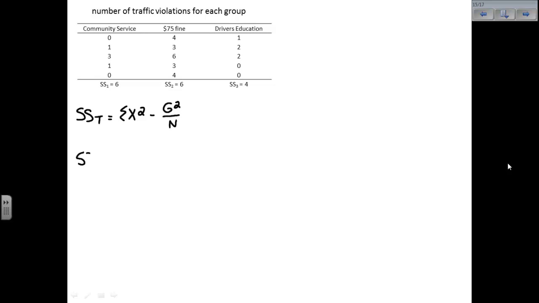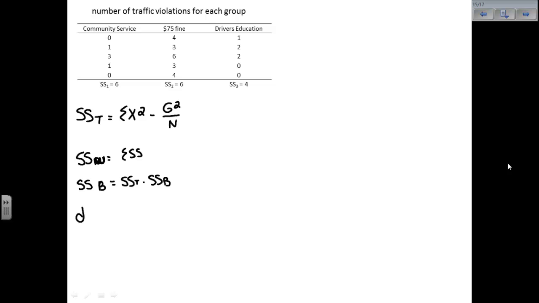And my sum of squares within, let's make this W a little more obvious, which is just equal to the sum of squares total minus the sum of squares between.